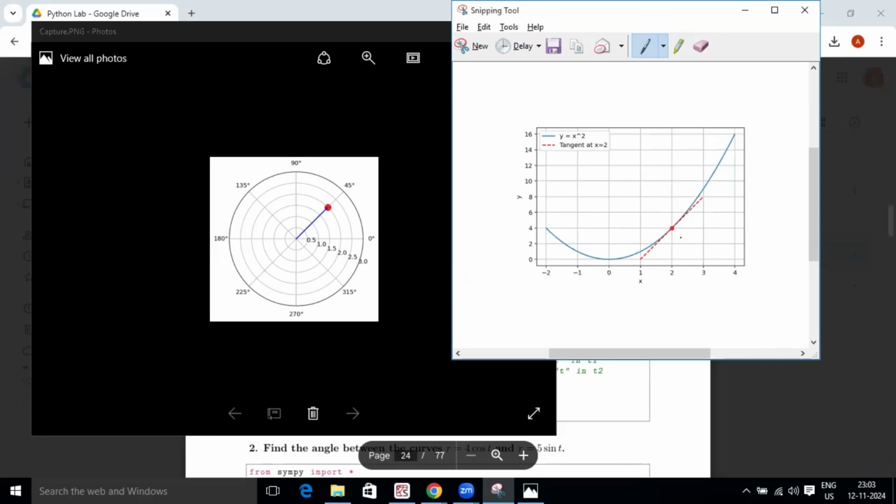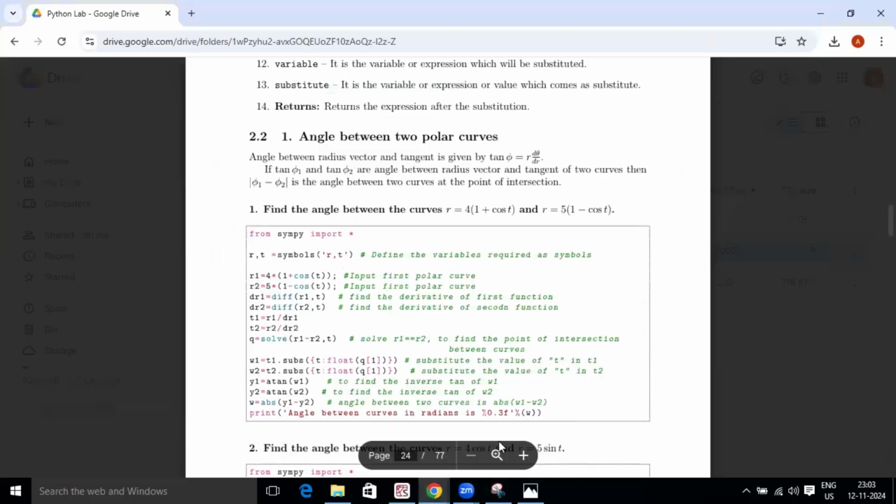So the formula is tan phi equals r into d theta by dr, where r is the radial distance of the point on the curve, and d theta by dr is the derivative of theta with respect to r.